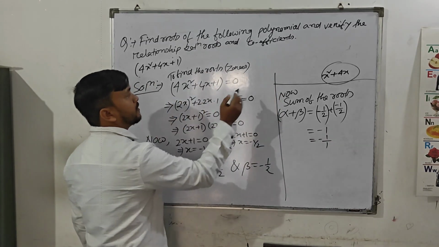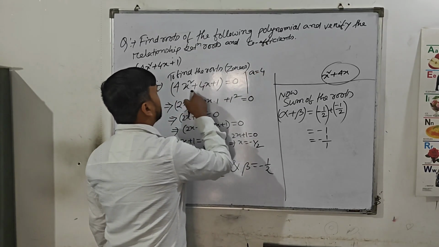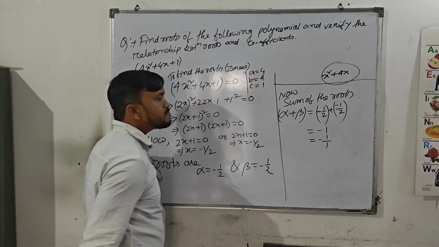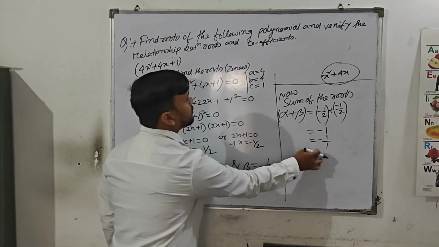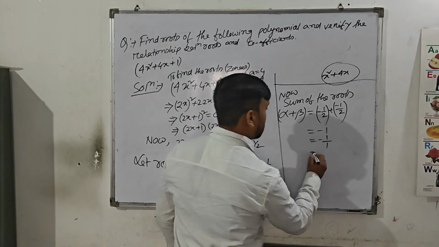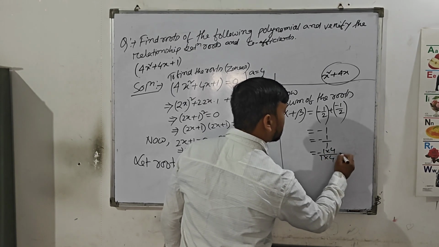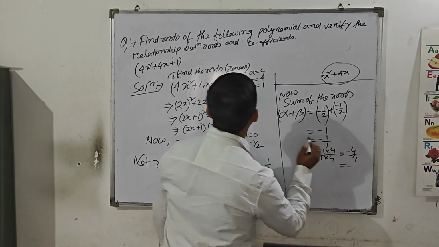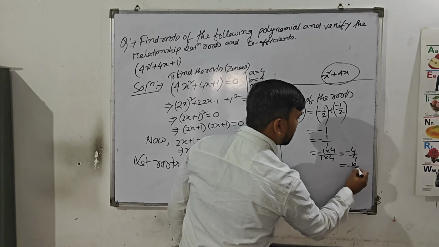Back to this, the value of a is 4, b is 4, c is 1, but we are getting minus 1 by 1. This is not matching with this but we can transform it. Multiply 4 with numerator and denominator. It becomes minus 4 by 4. You know minus 4 means what? B and 4 means A.